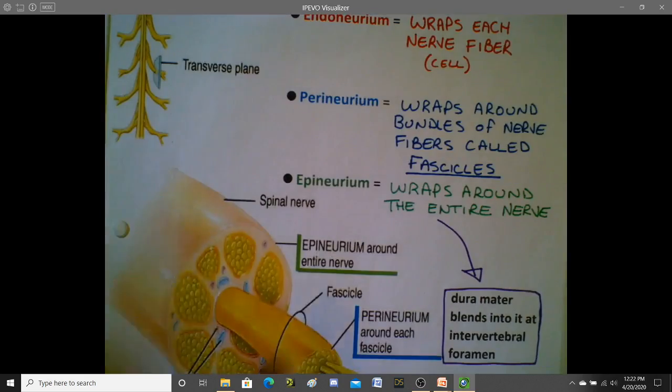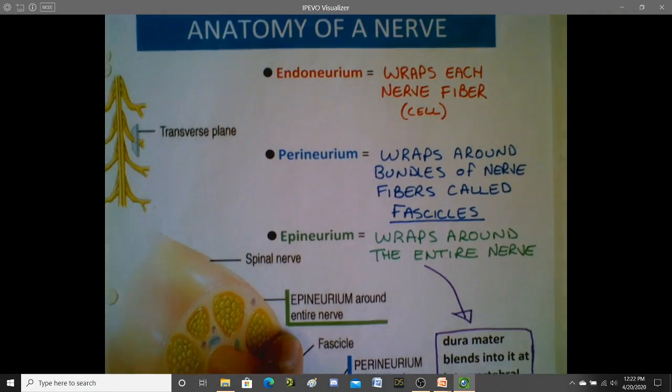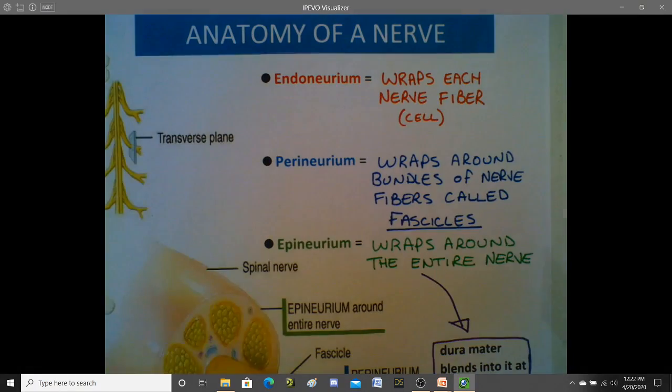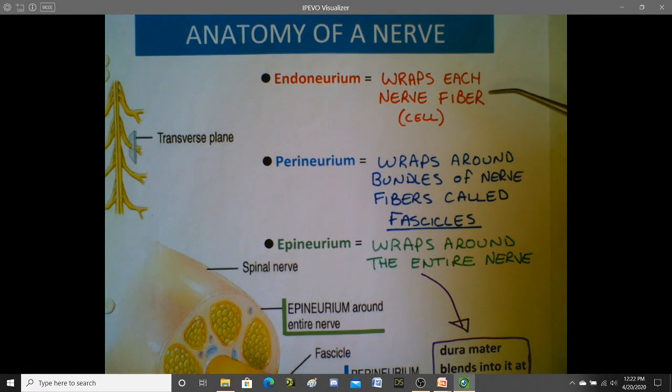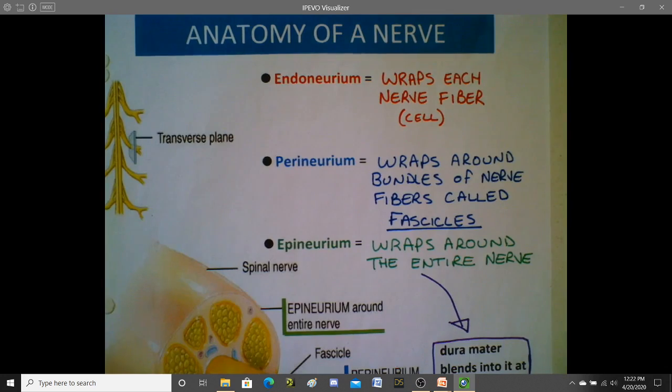So up above here, I just have that endoneurium is going to wrap each individual nerve fiber or nerve cell, or we could call it an axon. The perineurium is going to wrap around every fascicle, which are the bundles of nerve fibers. And then the epineurium is going to wrap around the entire nerve.